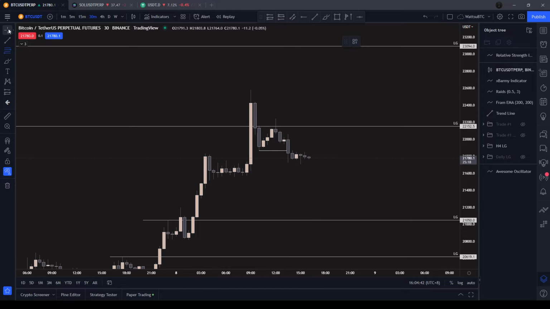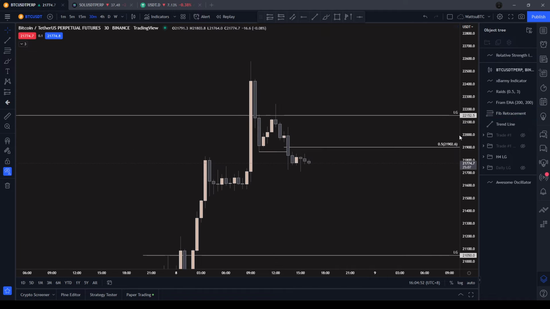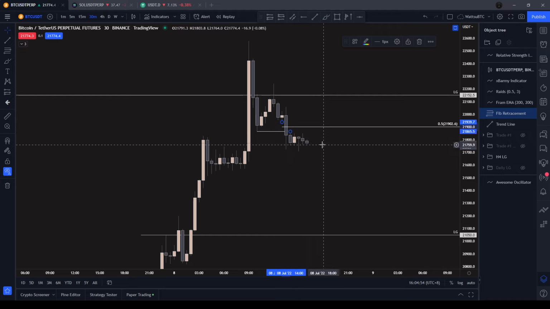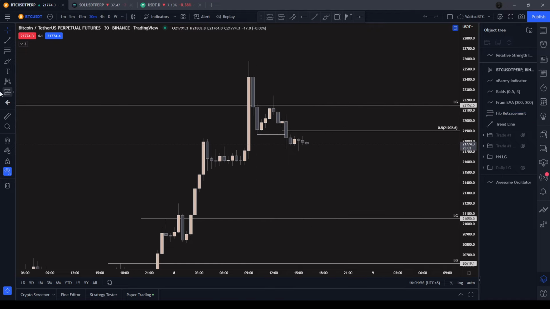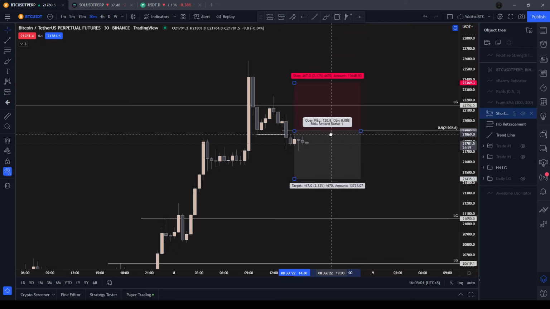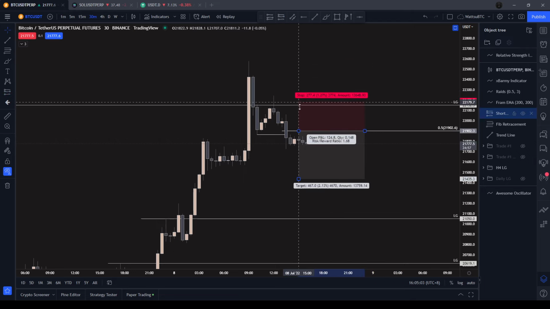Then if we look closely, we have a liquidity gap right here. Then once we had a break of structure, we'd expect a rebalance as well. Then we can bid this, and then short the move all the way down.